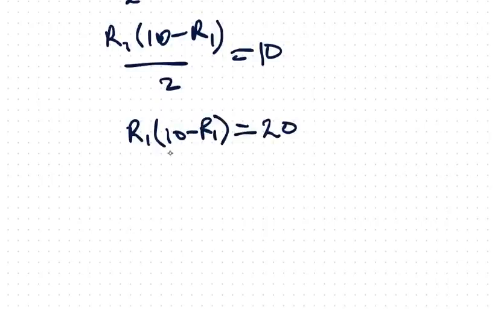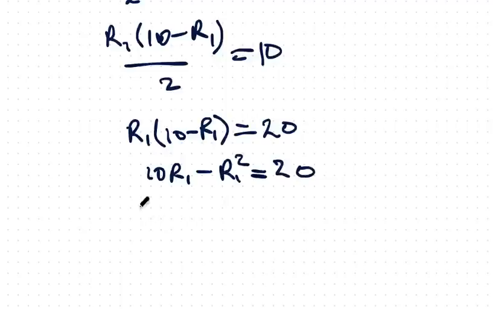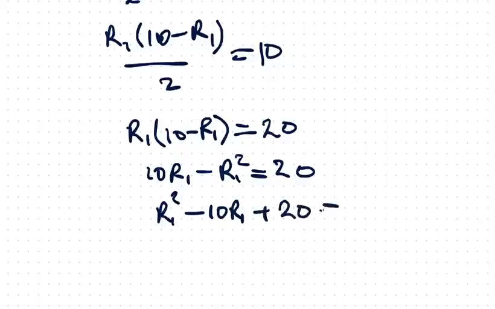So if I open the bracket, I'll be having 10R1 minus R1 squared is equal to 20, and this will be equal to R1 squared minus 10R1 plus 20 is equal to 0, and this is a quadratic expression.